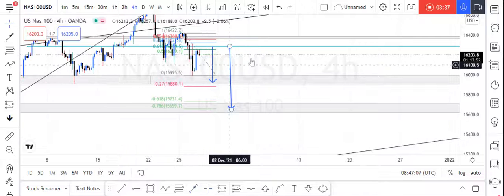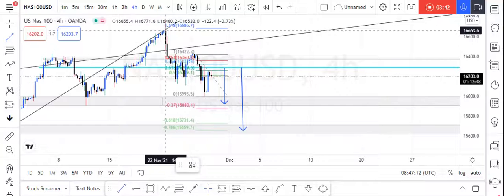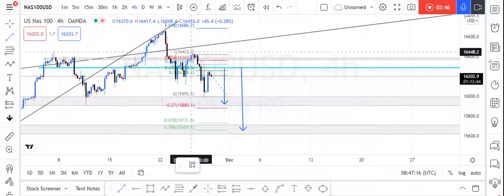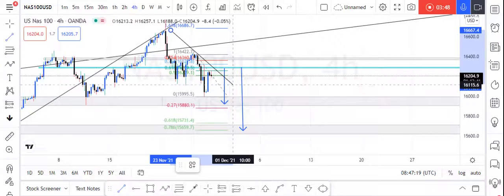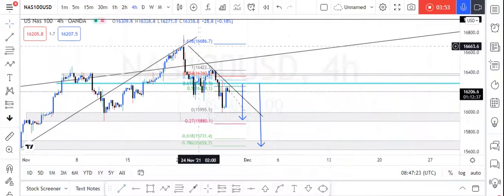So it's safe to say NAS is gonna continue to the downside on the back of that massive drop. Let's have it like that.